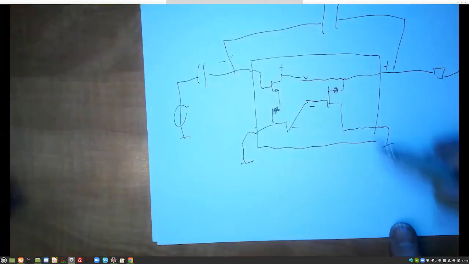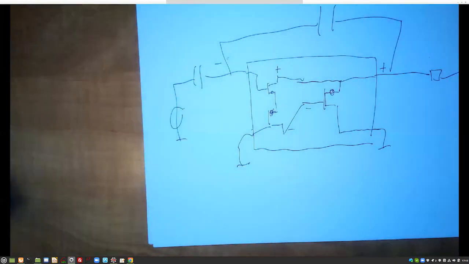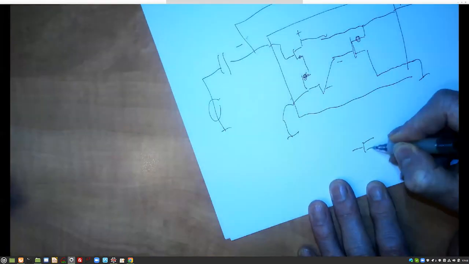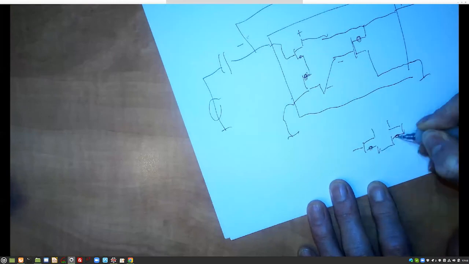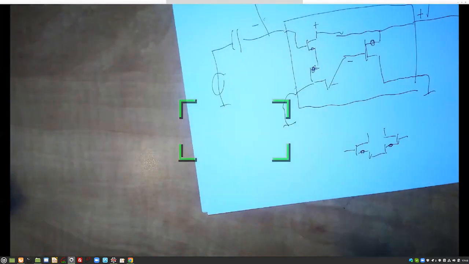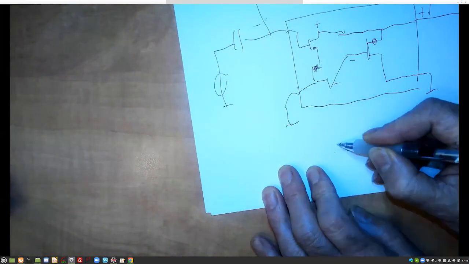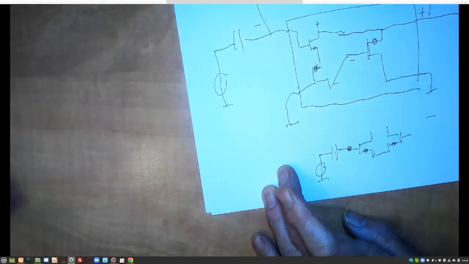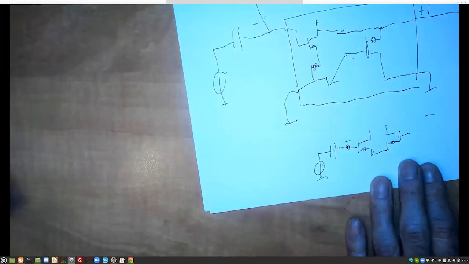And if I would draw it later for biasing, maybe you want to draw it in a more convenient way. And that's what we are going to do Thursday. Maybe you want to draw your differential pair like this, if it is an N type, and you want to say, well, okay, then what I need, I have here my output stage, and if this is the input for my source, if this is the input, so this is the minus, then I need the output stage.